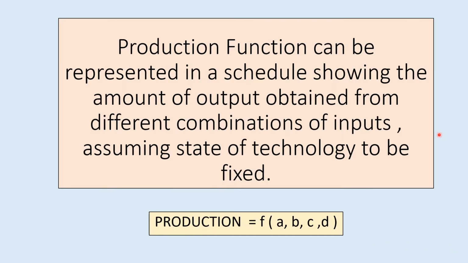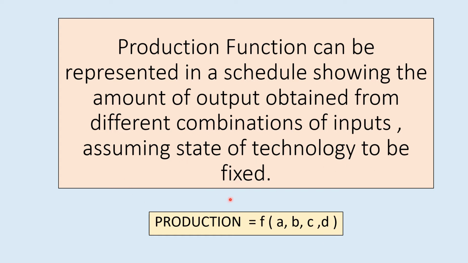On moving further, we come to the conclusion that production function can be represented in a schedule showing the amount of output obtained from different combinations of inputs. We say that production is a function of A, B, C, D, all your inputs. Inputs can be the raw materials required for producing any output.